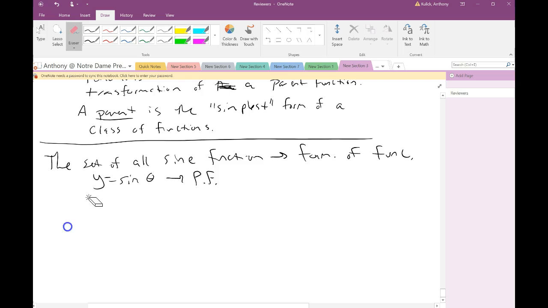And this set of all sine functions can be represented in the following way.